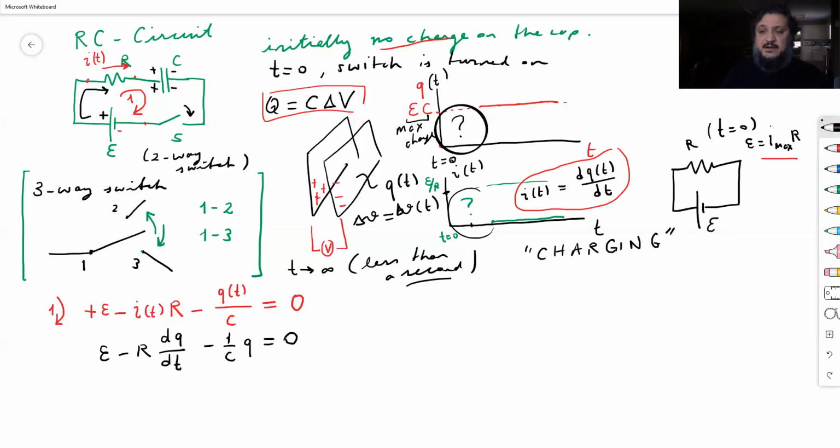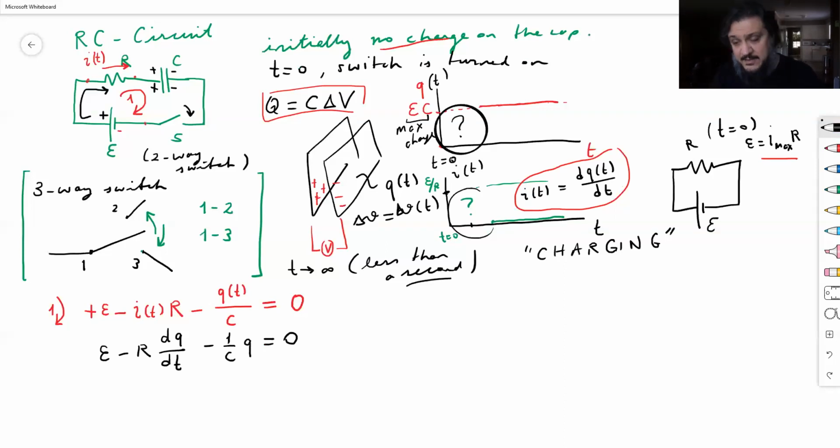So now the only unknown is the variable Q, but I have its derivative. This equation is called a differential equation, a differential equation of order 1. That's the order of derivative. It's the first derivative, so first. If you had d squared q over dt squared, that would be a differential equation of the second order. What about q here? It's q to the power 1. The third term is q, not q squared or sine q.